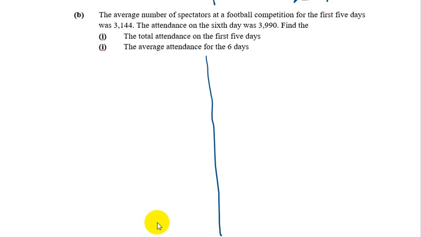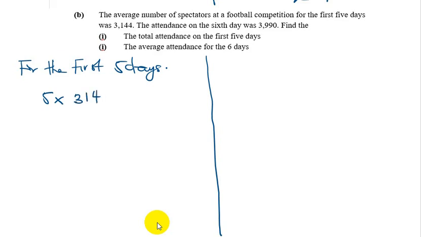Now this is an average question, and we are saying that for the first 5 days the average was what? 3,144, right? So for the first 5 days, we are going to get 5 times the average that was given. That's 3,144.